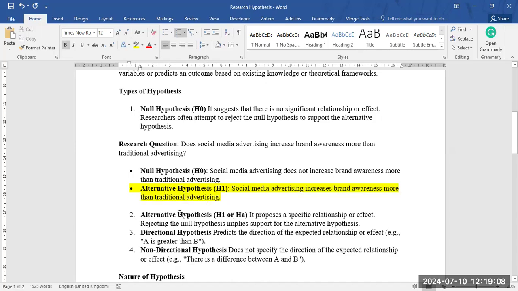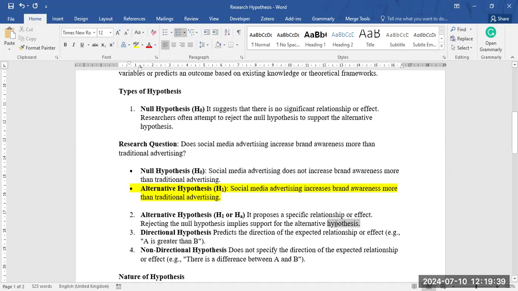The null hypothesis is always mentioned as H0, or sometimes with a subscript 0. H0 means null hypothesis, but alternative hypotheses are always mentioned as H1 or HA. This is the symbol.